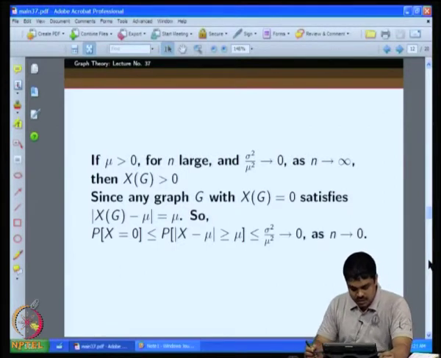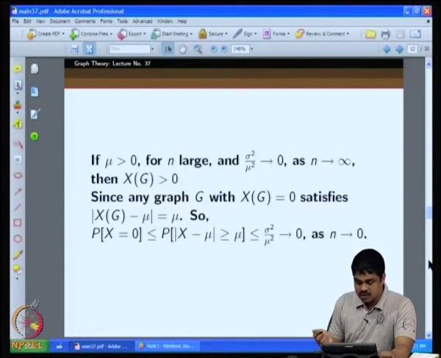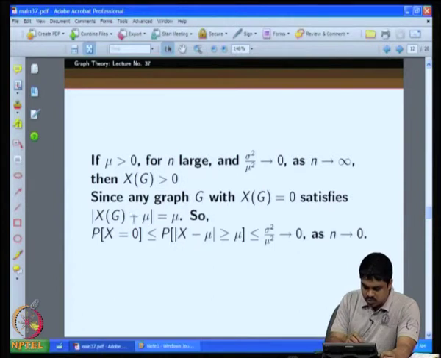Now here, this small lemma from Erdos and Renyi helps us to do the trick. We want to say that the probability that x being 0 indeed tends to 0. Whenever the graph has x equal to 0, when the random variable takes value 0, it means that its absolute difference from its mean is equal to mu, because 0 minus mu, its absolute value is mu only.